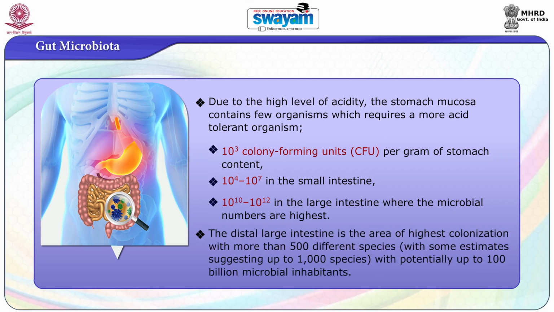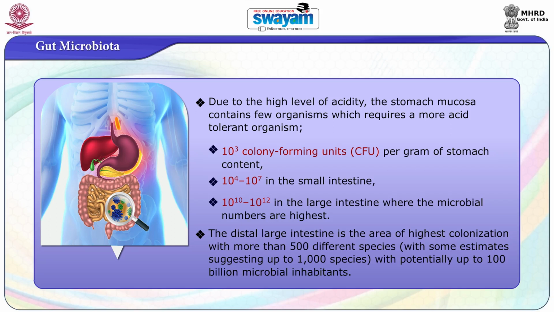The distal large intestine is the area of highest colonization with more than 500 different species, with some estimates suggesting up to 1000 species, with potentially up to 100 billion microbial inhabitants.